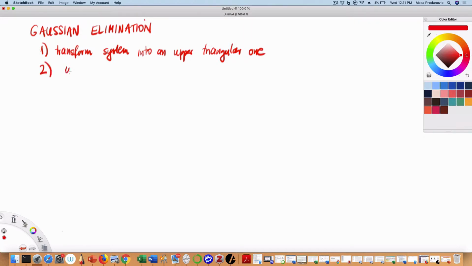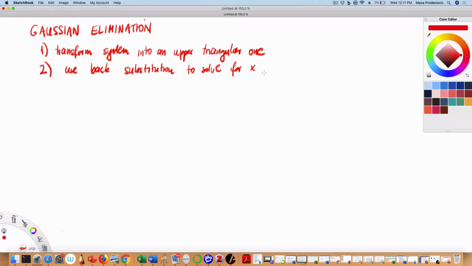And then use back substitution to solve for x's, or for x, assuming it's a vector.